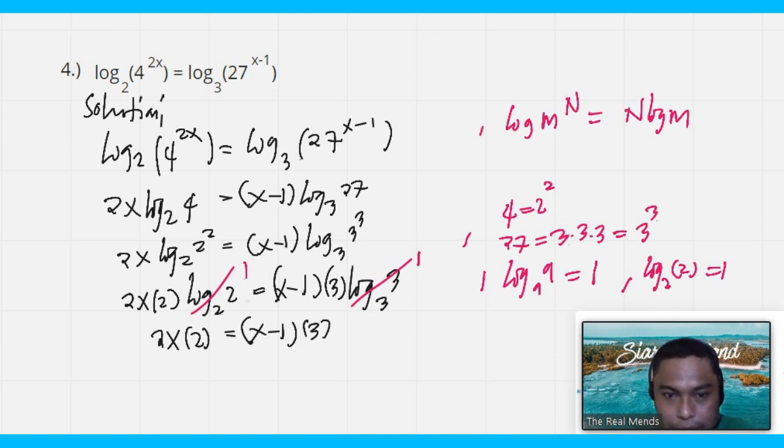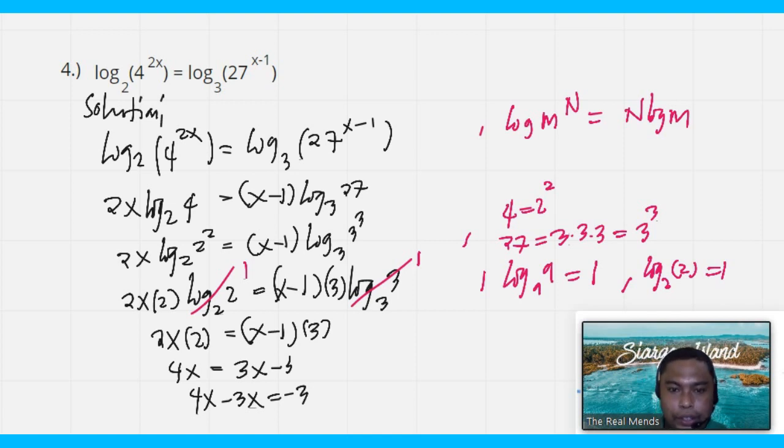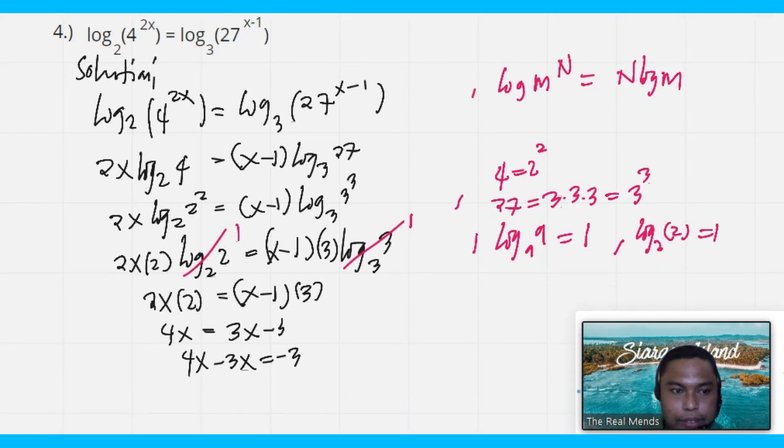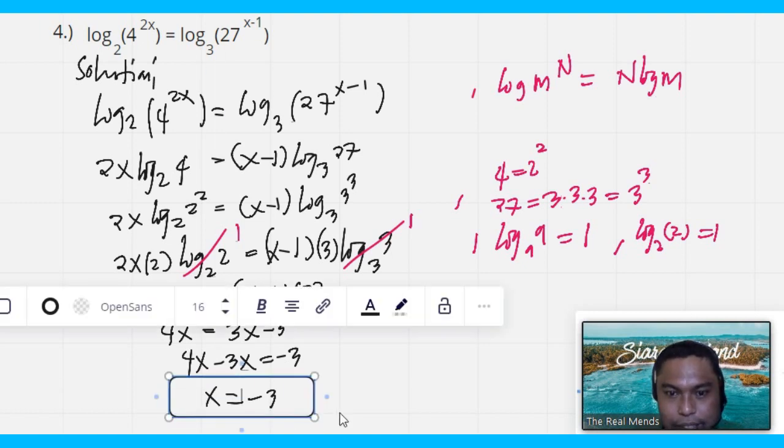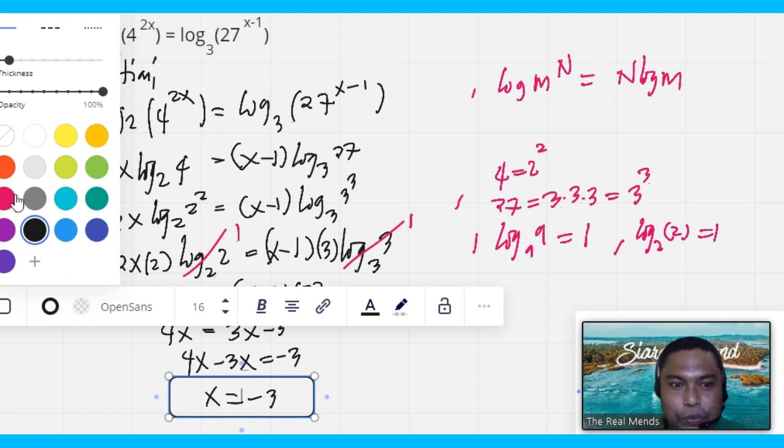So simplifying, I have 4x is just equal to 3x minus 3, or 4x minus 3x is equal to negative 3, or this will be just x is equal to negative 3. So therefore x equals negative 3 will be our answer. So that's very easy. Okay, let's proceed to problem number 5.